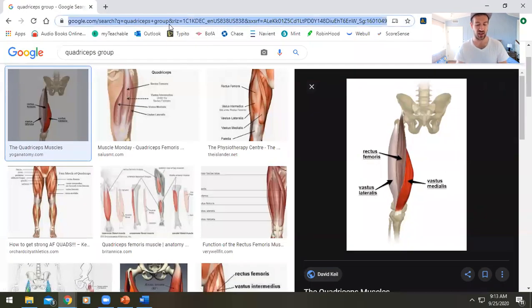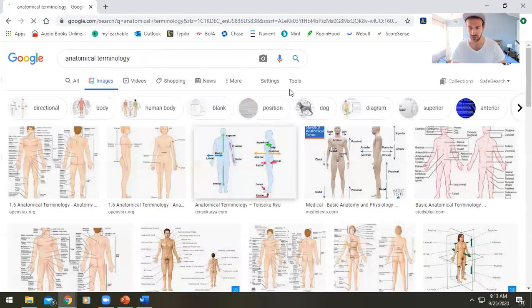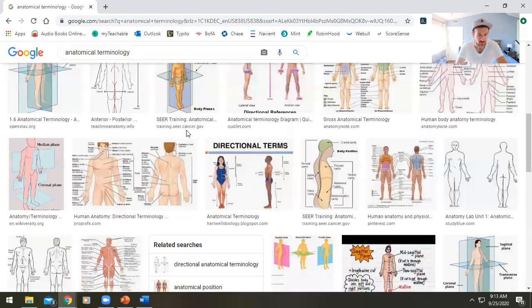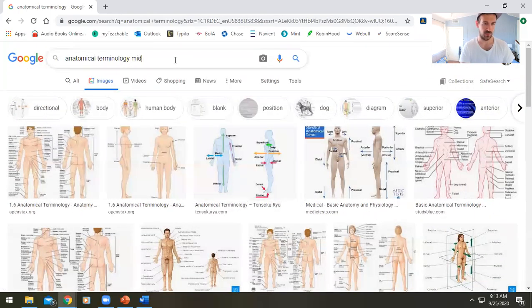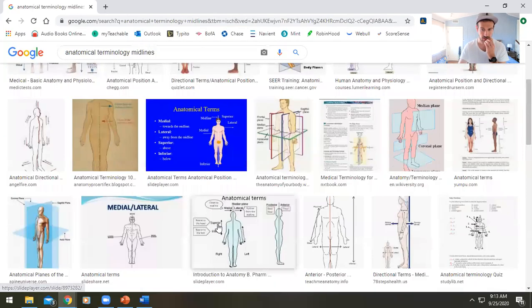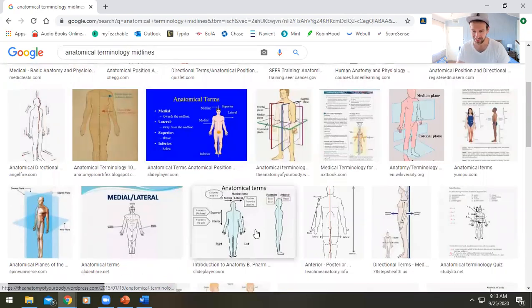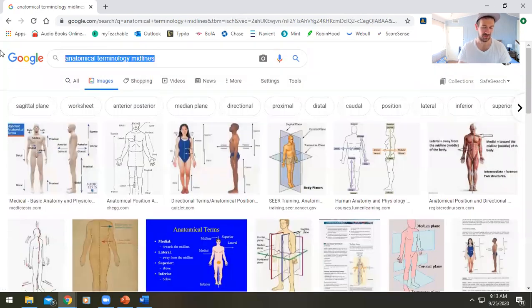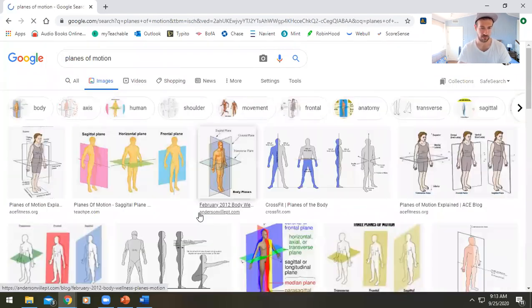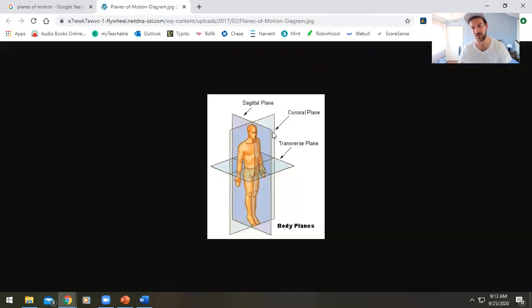So if we look at anatomic terminology, show me planes of motion. That'll work. Okay. So you see this body here and how it's being intersected down the middle here and down the middle here, right?